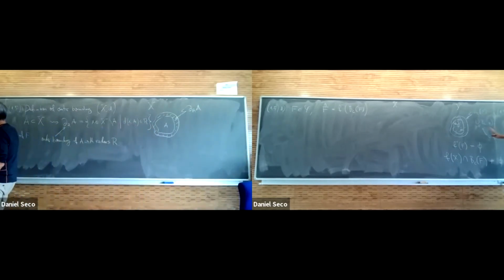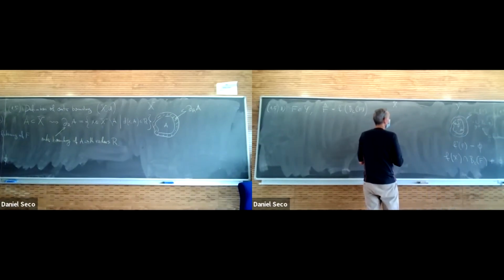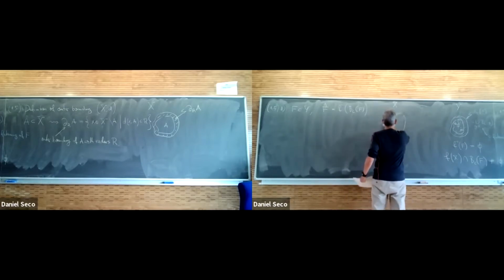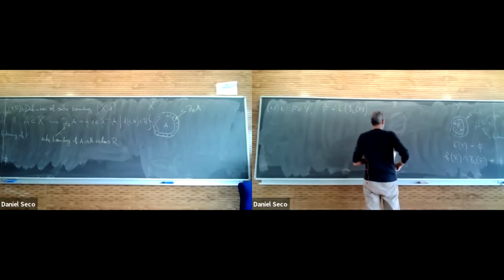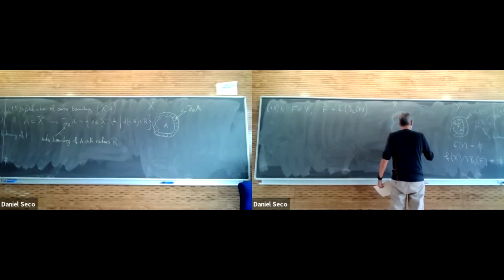This is the explanation of this set. So you are in X. Let me put it in blue because it's related to the blue picture there. That's F hat, the pre-image of the fattening with radius C.